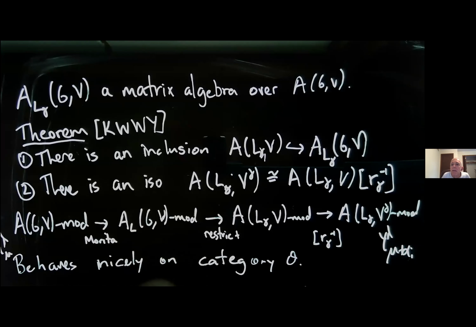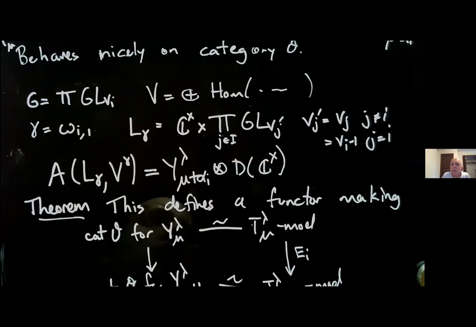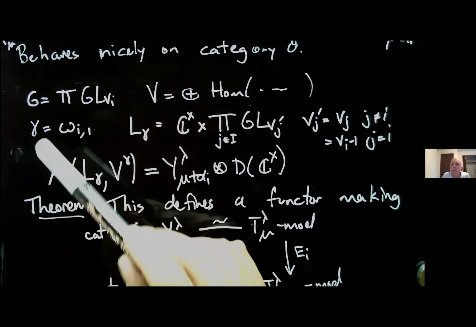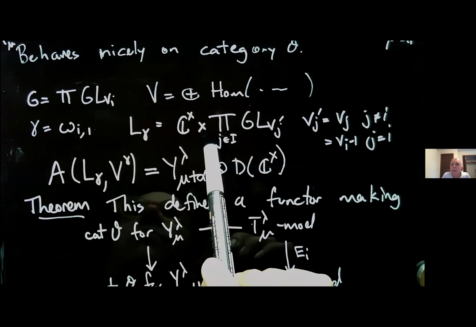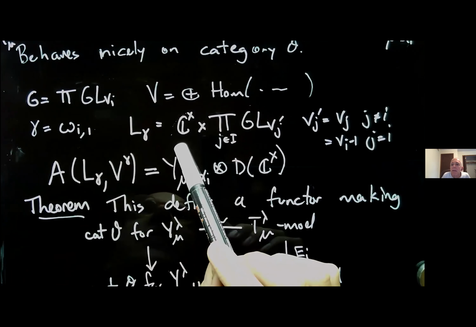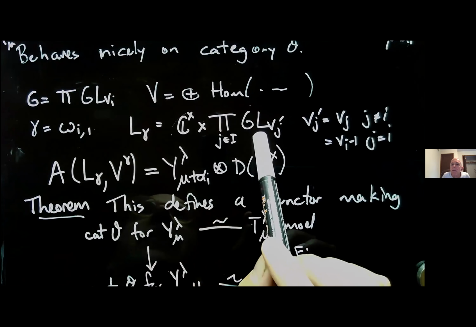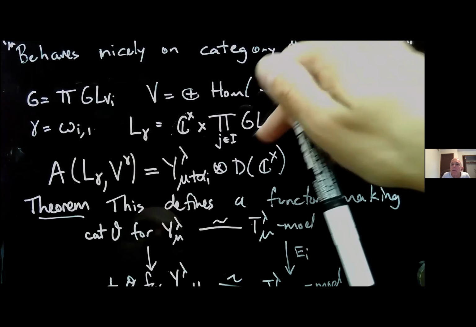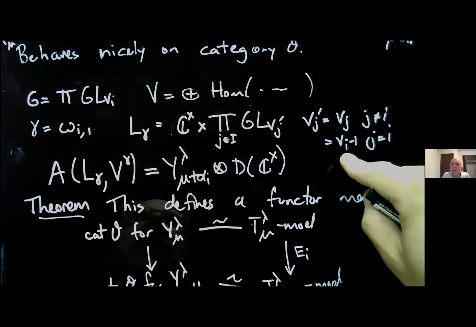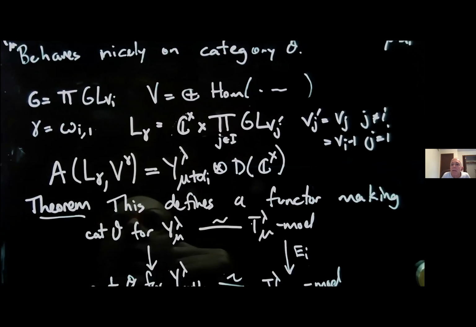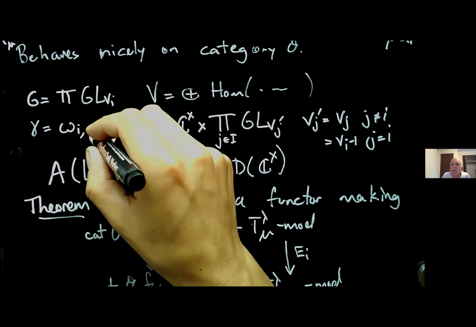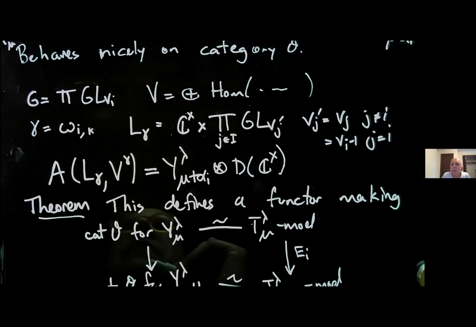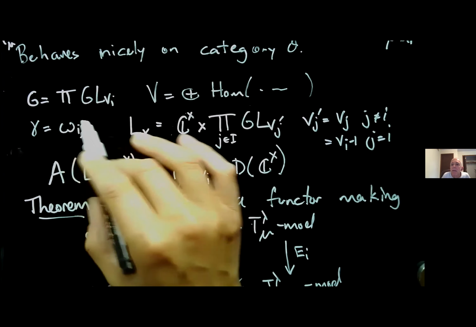For example, in this language right here, that would correspond to splitting off a bigger factor than just C star, which would reduce the dimension of the ith GL. Like you want to change this GL V_i, make it go down by more than one. You can accomplish that by changing this guy here.